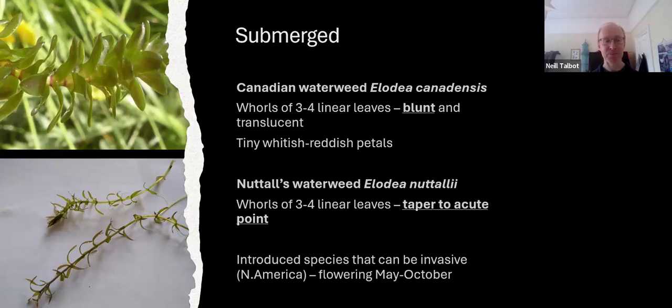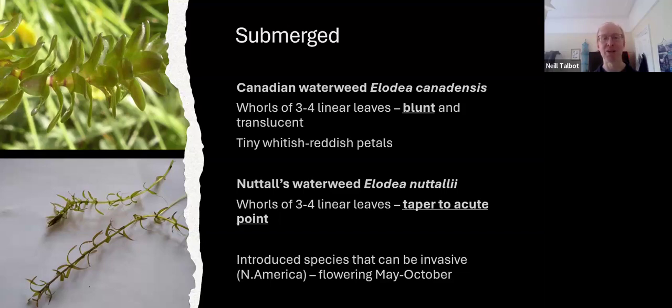So the picture of the Canadian waterweed, I should have said, is at the top and the Nuttall's waterweed at the bottom. You could probably see better on the picture, on the Canadian waterweed the leaves are very blunt and rounded, whereas on the Nuttall's waterweed, they're quite tapering and pointed.